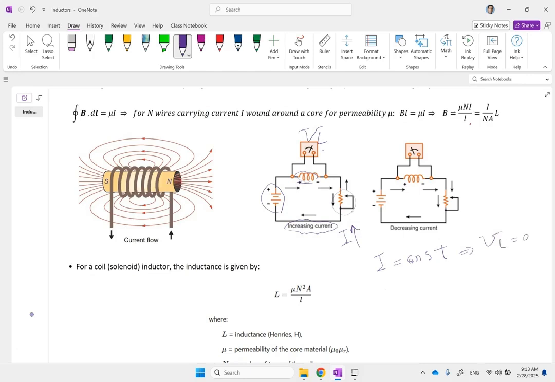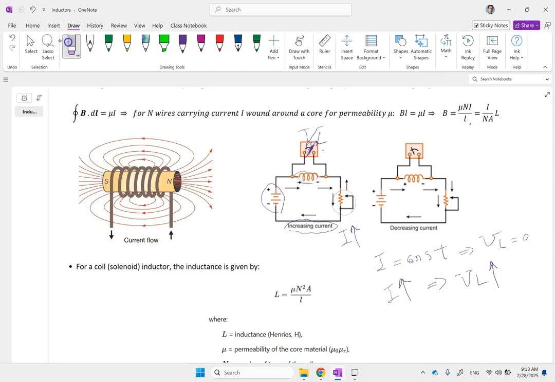But as soon as the current is changing now, you see that this V L is going to go up. And you see that here, this dial is moving from the center to the right side, right? Your voltage is increasing. Now, how much is this voltage V L, and in which direction is that?